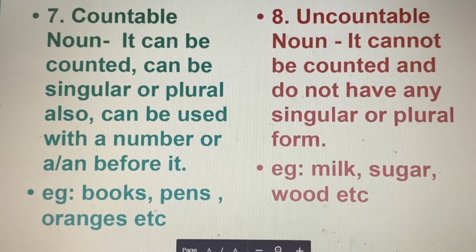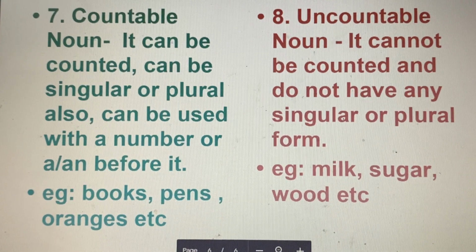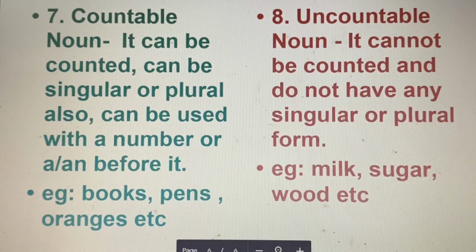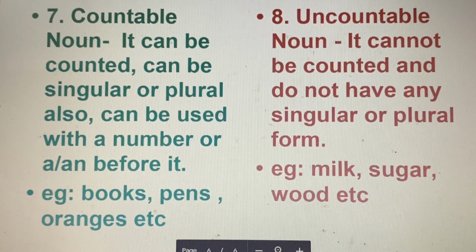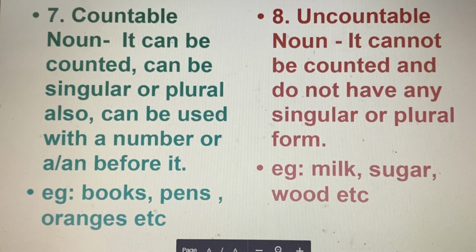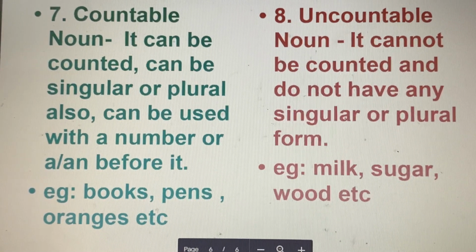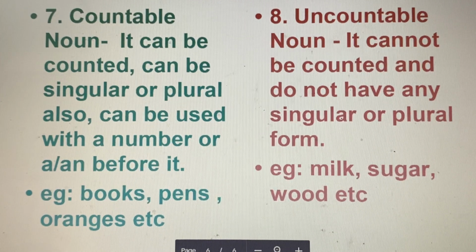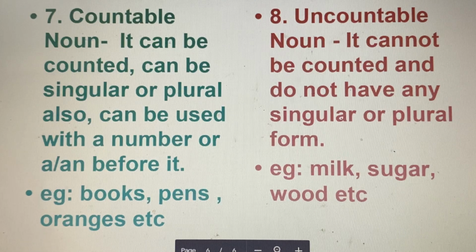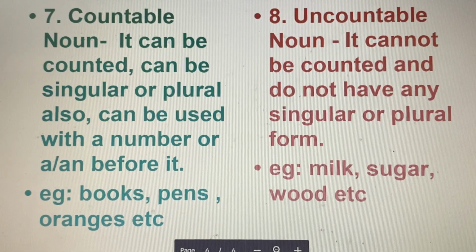Example: one book, one pencil, two books or three books. You can use articles like a and the before countable nouns. When asking questions related to countable nouns, you always ask how many books were there, how many pens were there.